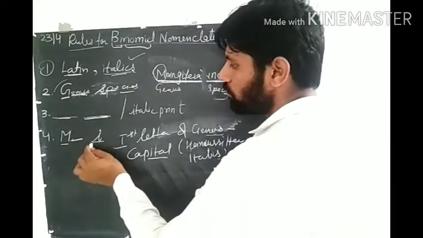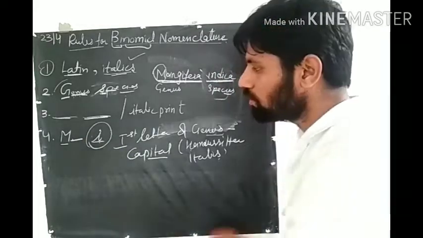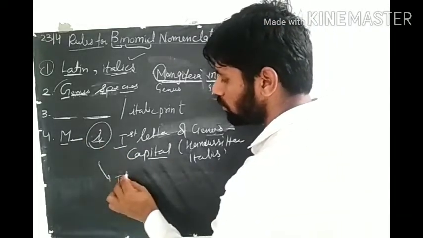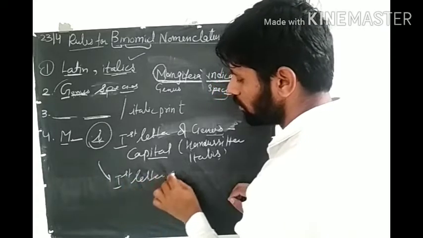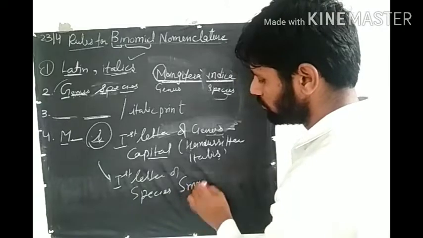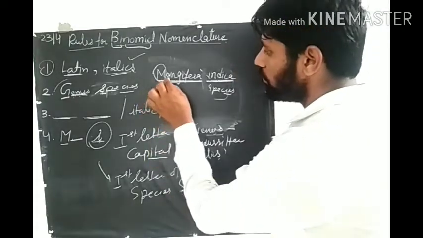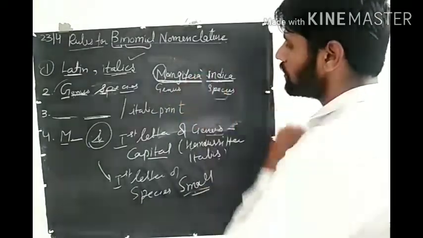And the first letter of the species should be small. So here the word is Mangifera and here the word is indica.